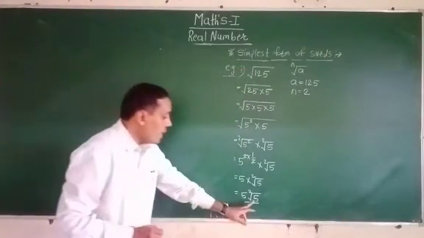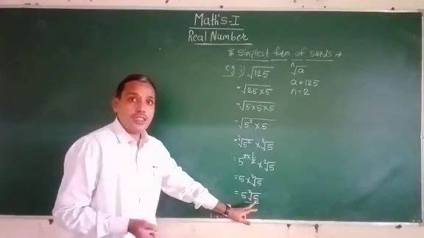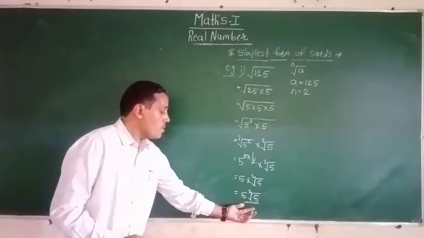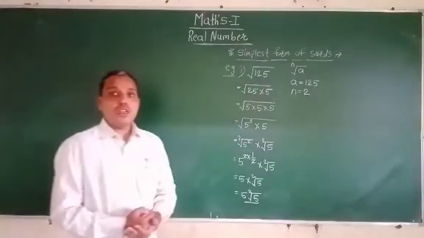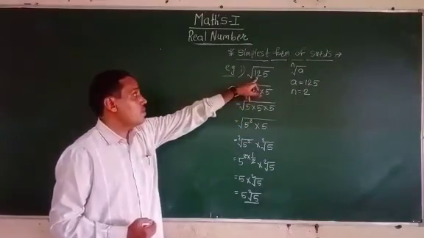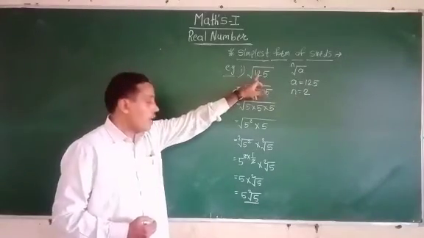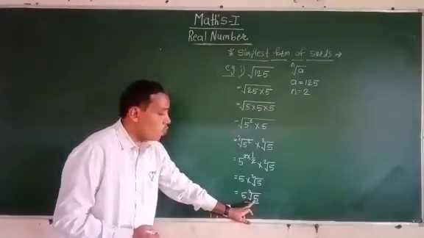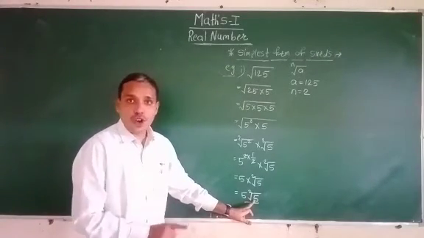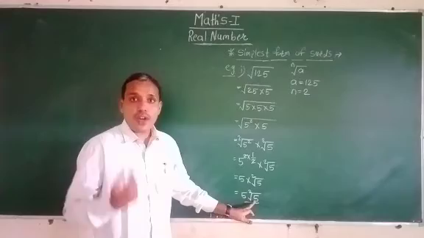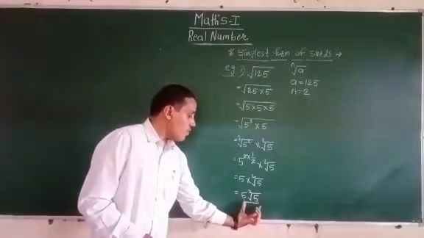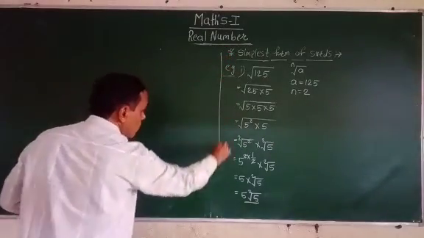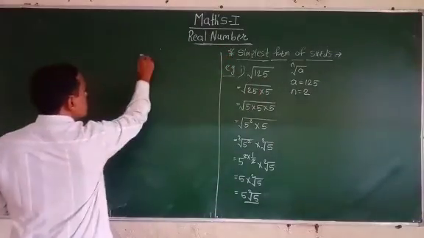That means when we never factorize the radicand again, that form of the surd is called the simplest form. Here 125 is the surd, and when we factorize it, we see only 5 in the radicand form, and we never factorize that 5 again, therefore that form of the surd is called the simplest form.